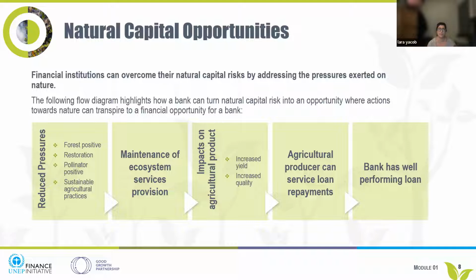But in some instances we can do this through various mitigation measures. For example, a bank can finance nature positive actions around the farm location, like replanting trees, which can increase soil stability and reduce erosion.